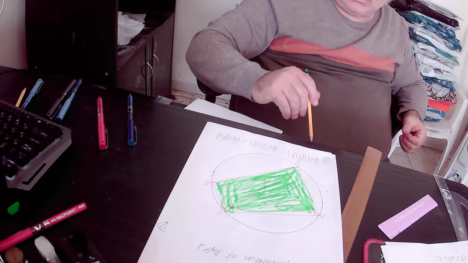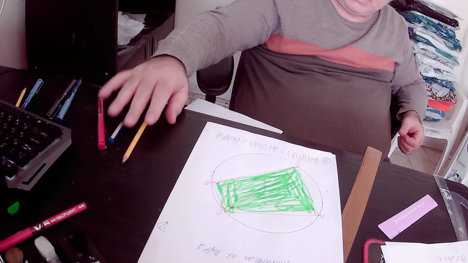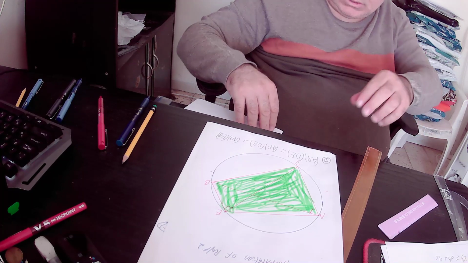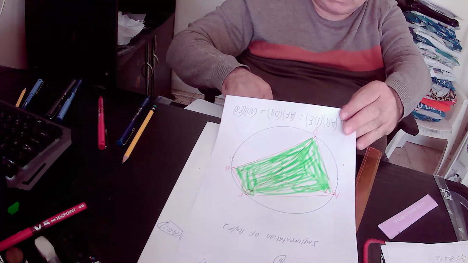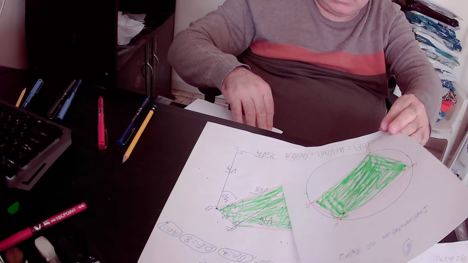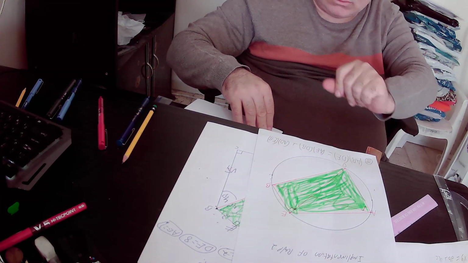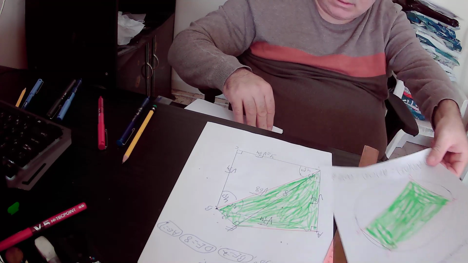Okay, so now I will copy equation number 3 again in the new page, and we will put the data inside this equation number 3 in order to find out the size of line segment AE.